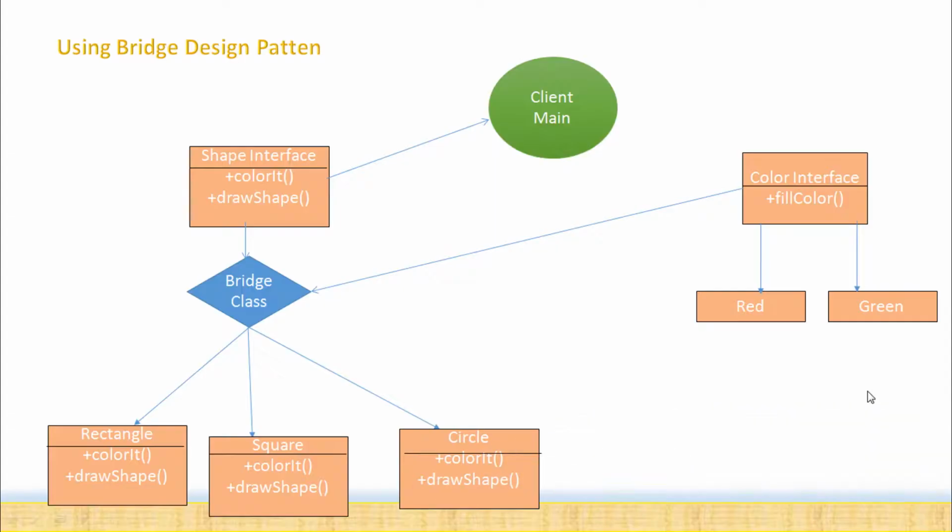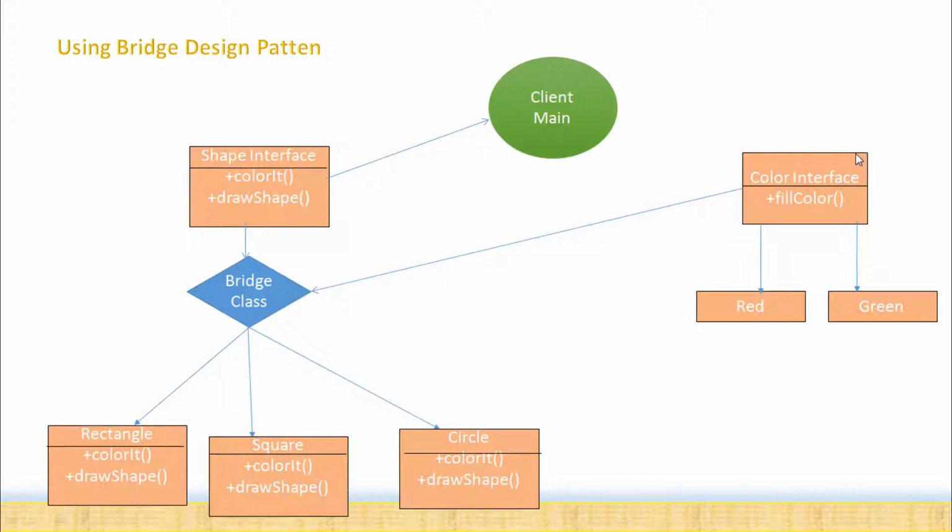So guys, my requirement is to draw shapes and color them, and I want to keep in mind that in future the colors and shapes can grow. So I want to do the coding for the same. Let's understand that with the help of one diagram. I will create two interfaces, color interface and shape interface.